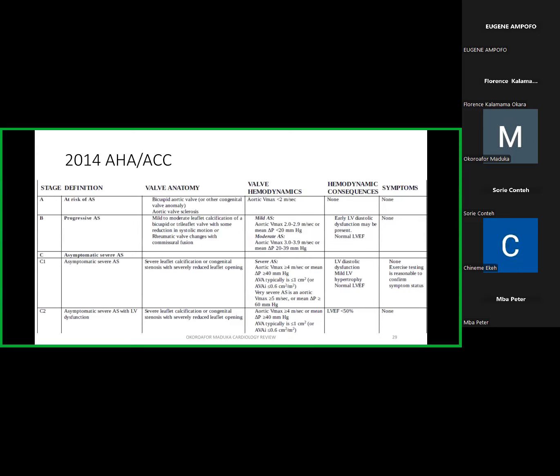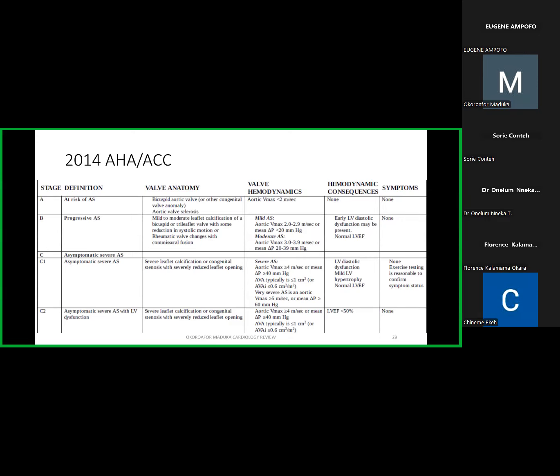So the C is the asymptomatic severe aortic stenosis. The C can be grouped into C1 and C2. Basically, the two are the same.